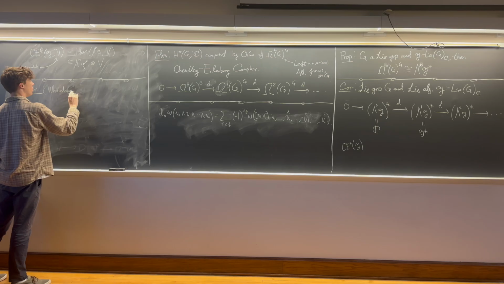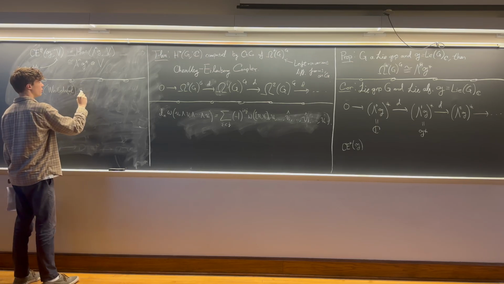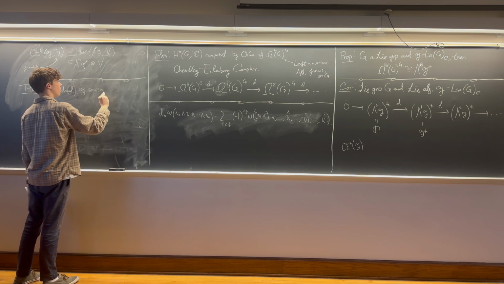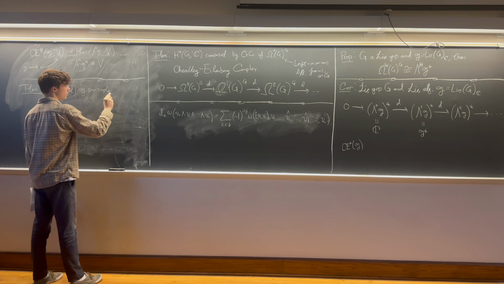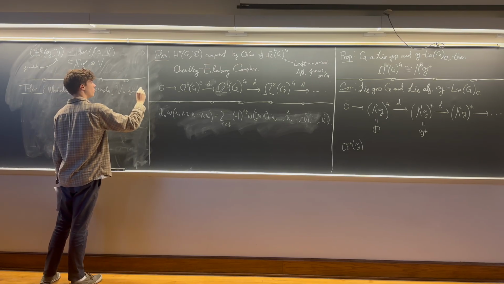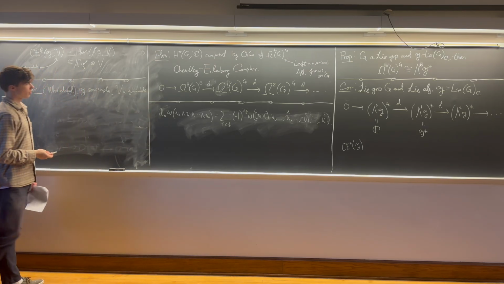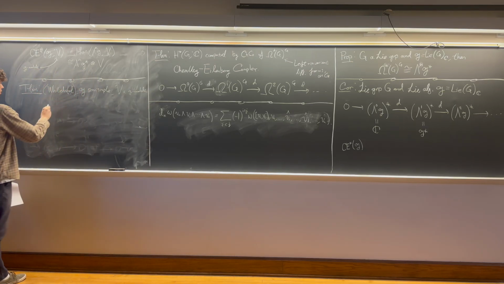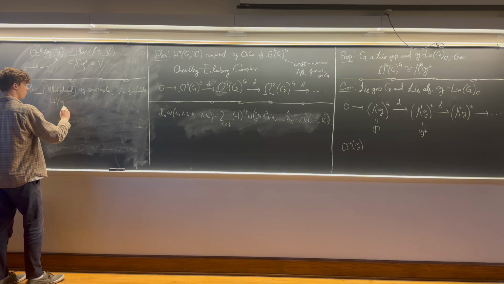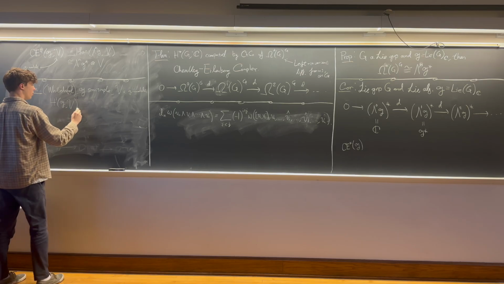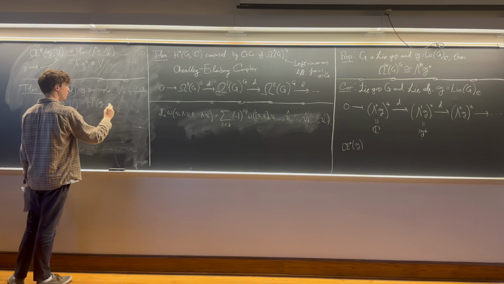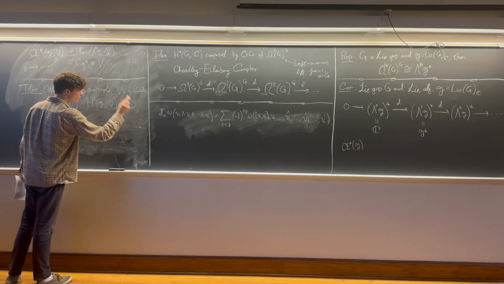So if your Lie algebra is semi-simple, and V is a G module, then the first cohomology and the second cohomology both vanish.